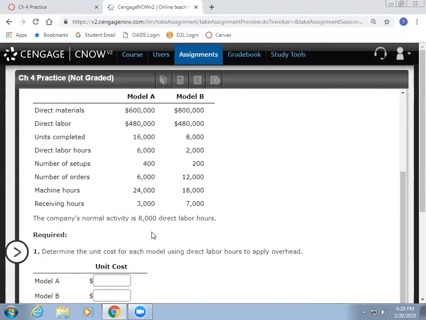Okay. So just like what we've been doing, we just had to calculate the overhead first. So what do you get as the predetermined activity rate? 260, perfect. So that's $260 per direct labor hour.